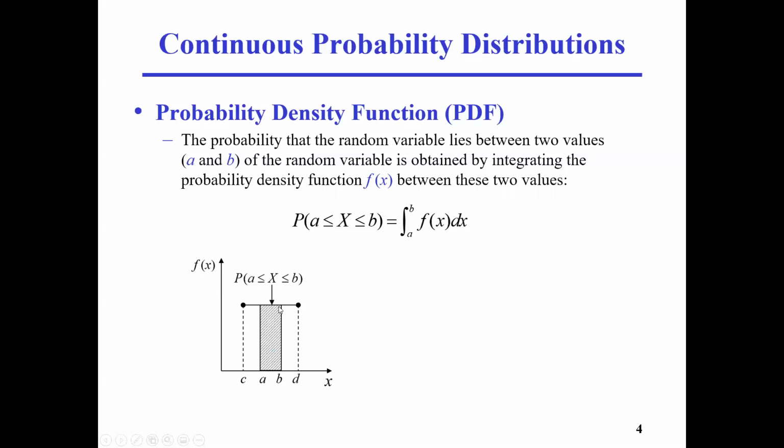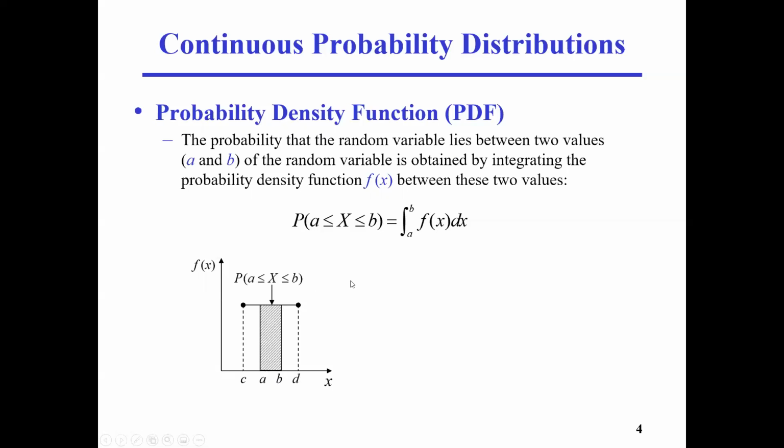So once we have this curve and we can calculate the size of the shaded area, that size is the probability you are trying to find. The result of this calculus equals the shaded area defined by A, B, the x-axis, and the curve itself.